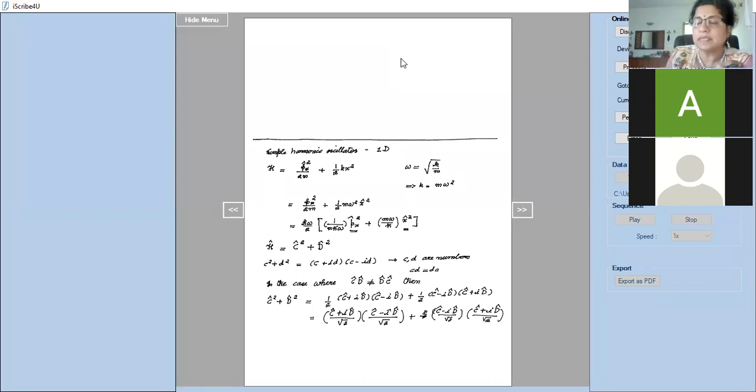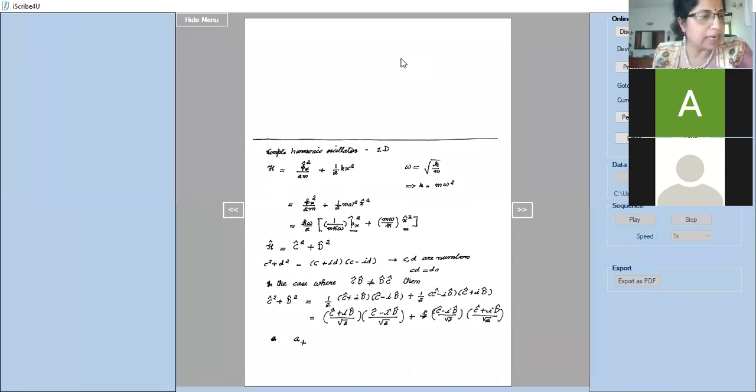Okay. So now what do we do? We essentially define our A plus and our A minus. How do we do that? As I told you yesterday, we define these new operators.